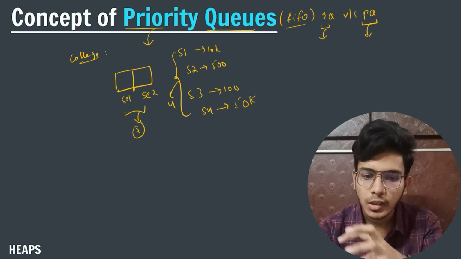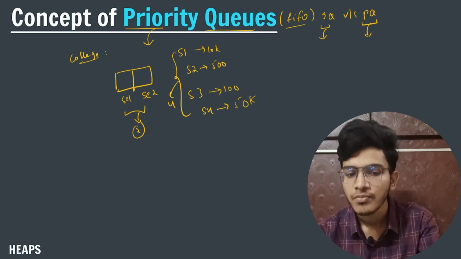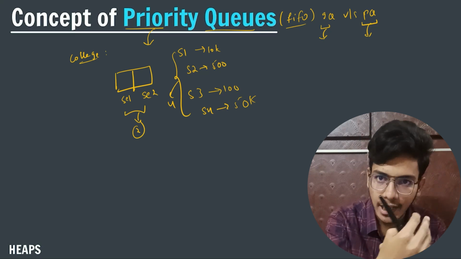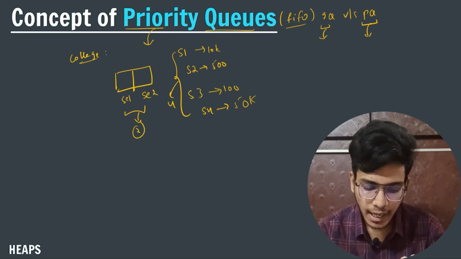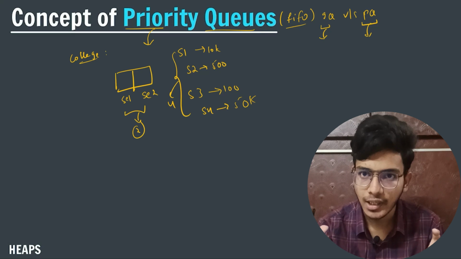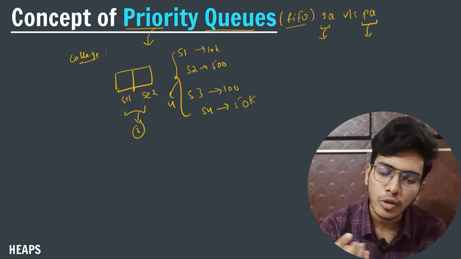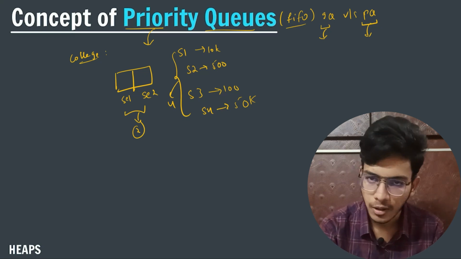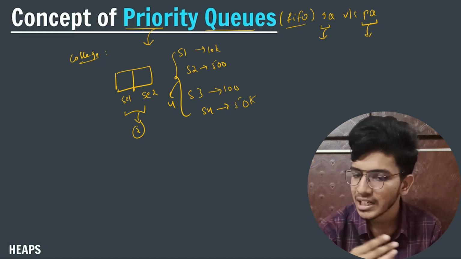Now we need to take those students who have the least rank. It means their score is high, because the person with the least rank has scored the most. We want to bring in the most talent, only talented people in our institution.